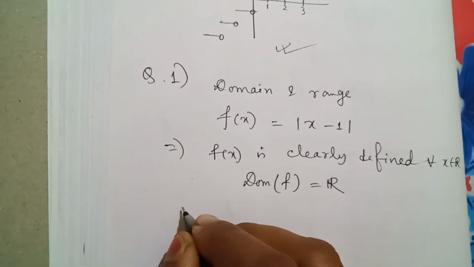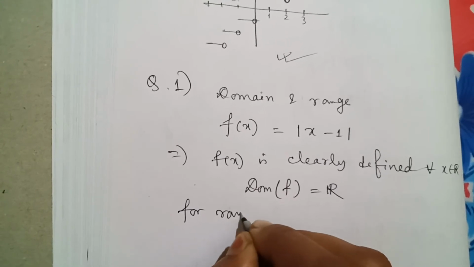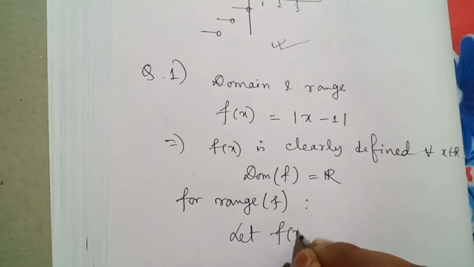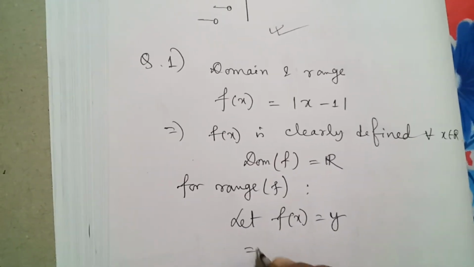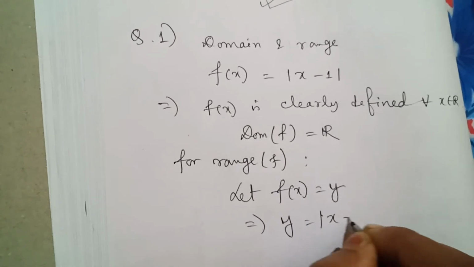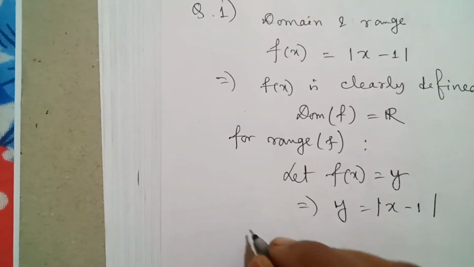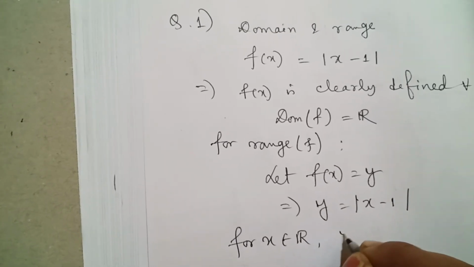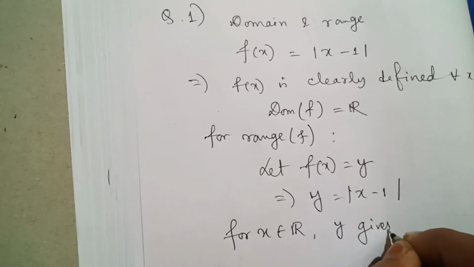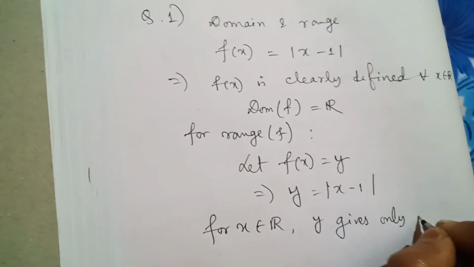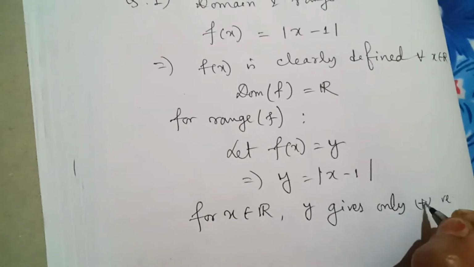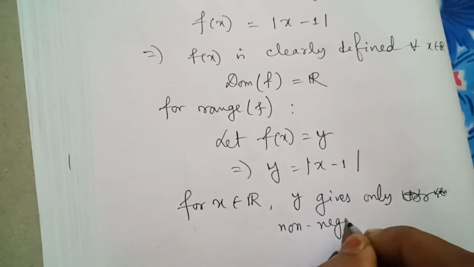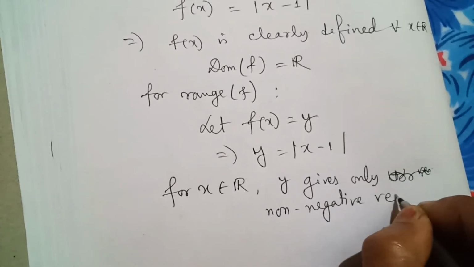Now for the range of f, what we have to do? We take f of x equals y. Therefore y equals mod of x minus 1, right? Now for x belonging to capital R, y gives only non-negative real numbers. Not positive, actually 0 also can be there. So we will write non-negative real numbers.